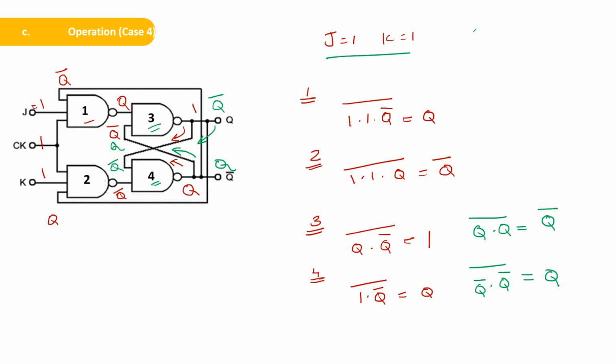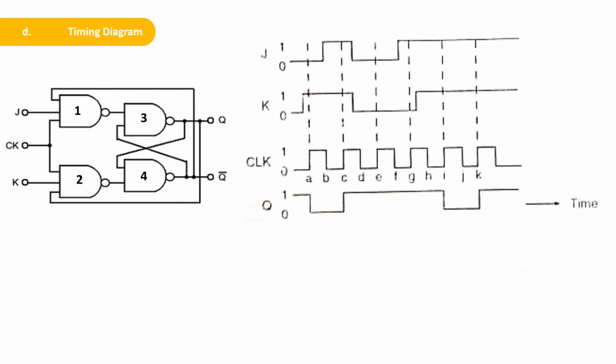That means if Qn is equal to 0, Qn plus 1, the next state, will be equal to 1. If Qn is 1, the next state will be 0. That is why this state is named the toggle condition. So these are the 4 states for the input combinations that are possible for the JK.